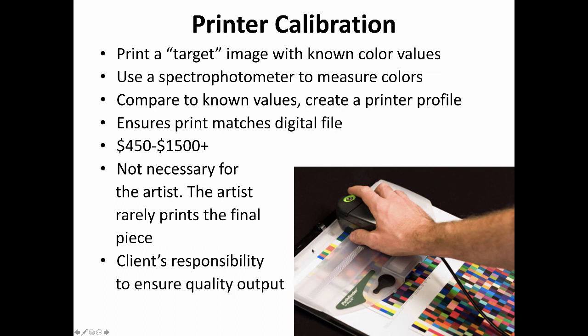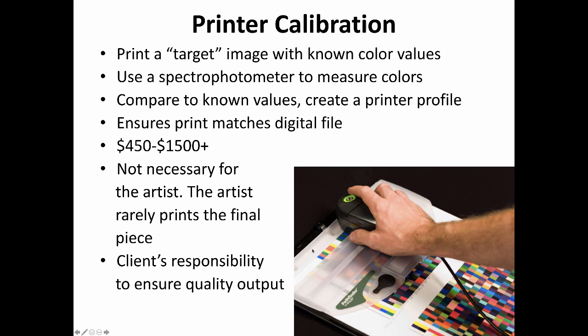So in other words, you have a digital file that was purchased from some company. You know what the numerical values of the different colors are supposed to be in that digital file. You print that color image out, and that's your target. You then use a device called a spectrophotometer, and you measure the printed values of those colors.